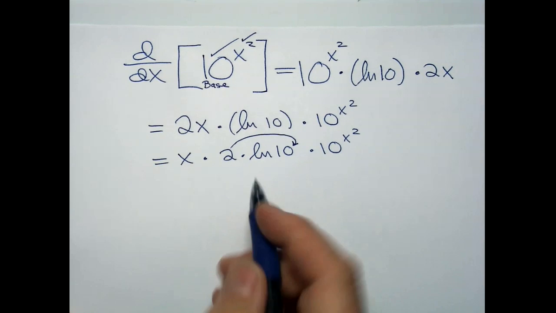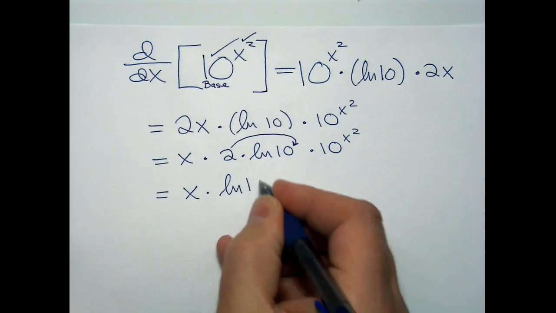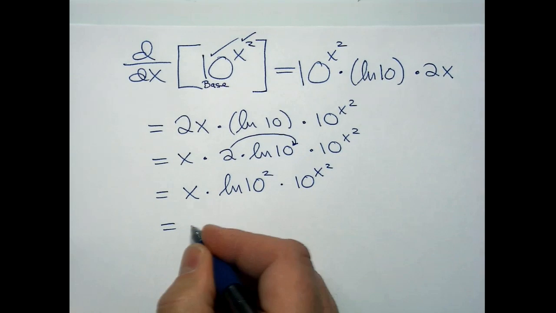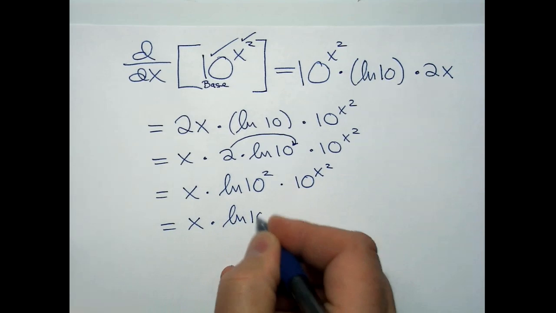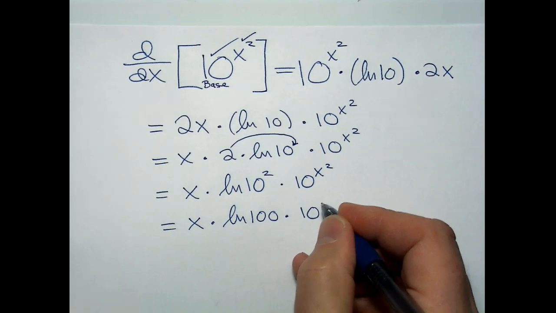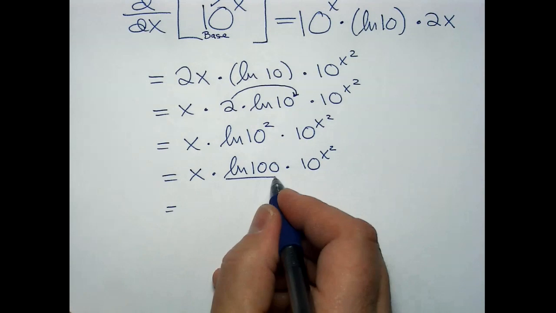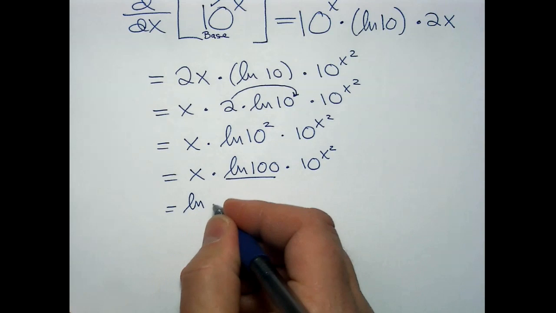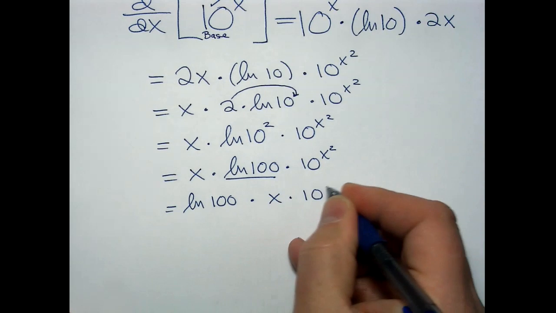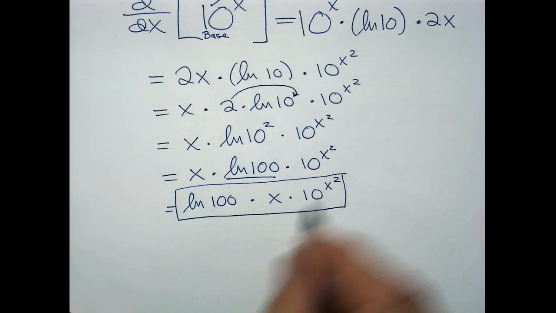In this particular example, I'm only going to take the 2 up there. So a nice compact version of this answer is x times the natural log of 100 times 10 to the x squared. Now, I guess if you want to have numbers in front, that's normally what we do have. Natural log of 100 is just a number, and then we'll take the x and then the 10 to the x squared. This seems like a more logical approach to writing our final answer.